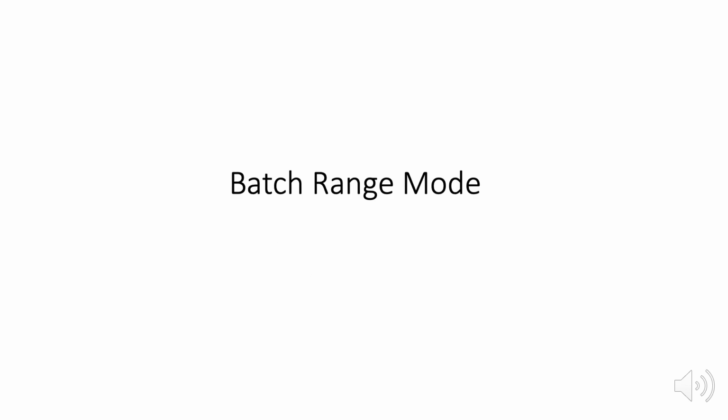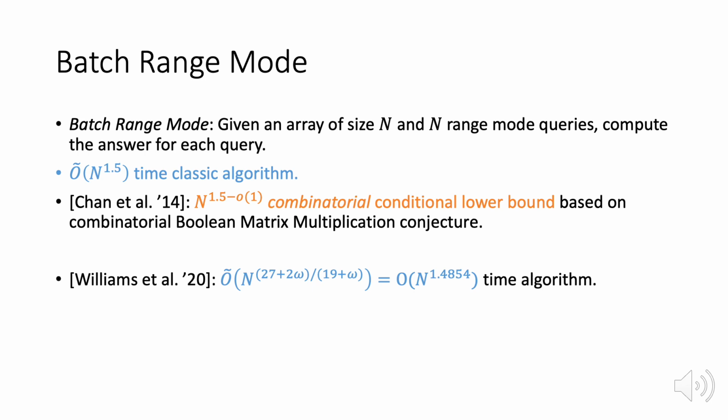Now, I will first review the batch range mode algorithm of Williams et al. '20. In the batch range mode problem, we are given an array of size n and n range mode queries, and we need to compute the answer for each range mode query. The classic algorithm for batch range mode runs in n^{1.5} time, roughly, and there is also a matching combinatorial conditional lower bound.